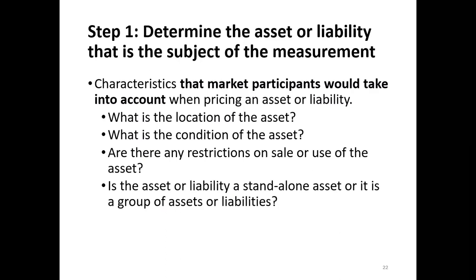If it is an asset like land, even restrictions on the sale or use of the asset are considered. Together with that, you need to think whether it is a standalone asset or a group of assets or liabilities, in other words a kind of business, the cash generating unit. These are some of the aspects we have extensively discussed. Here also, that is the starting point.